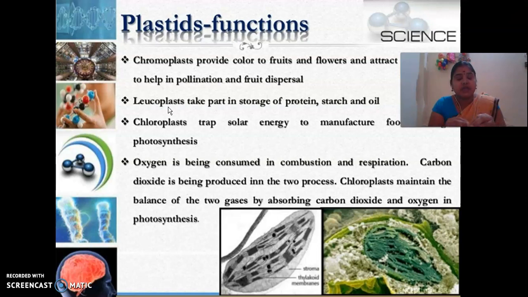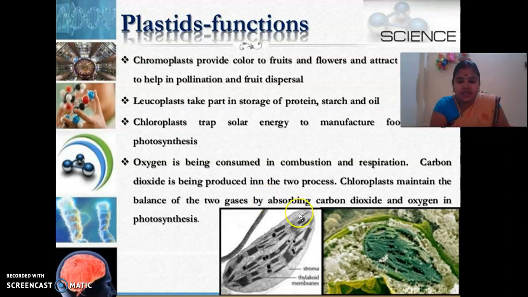The two gases, oxygen and carbon dioxide, are maintained by the chloroplast, absorbing carbon dioxide and releasing oxygen in photosynthesis. Releasing carbon dioxide by plants, and taking in carbon dioxide and releasing oxygen, these two processes are controlled by chloroplast.